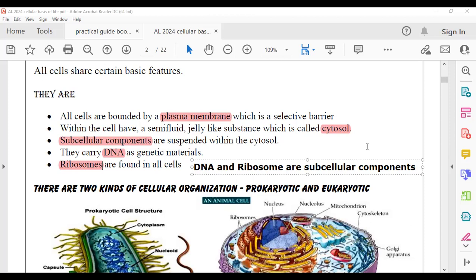Okay, it's a protein synthesizing machine. Protein synthesizing machine is called ribosome. If proteins are not synthesized, a cell cannot perform metabolism. If metabolism cannot be performed, can it be a living cell?